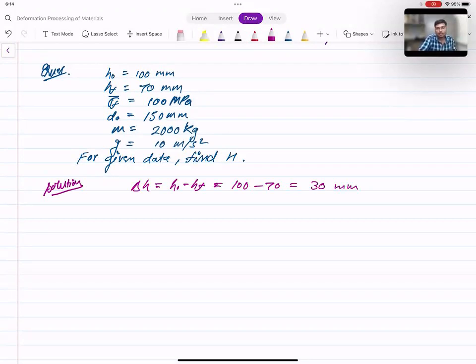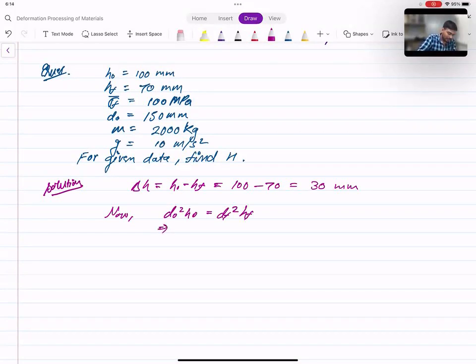Now F we had seen was sigma bar into AF, and for AF we need to find the final diameter. So we will need to apply the volume consistency equation again. I'm directly applying the volume consistency. So this is d naught square h naught equals df square hf.